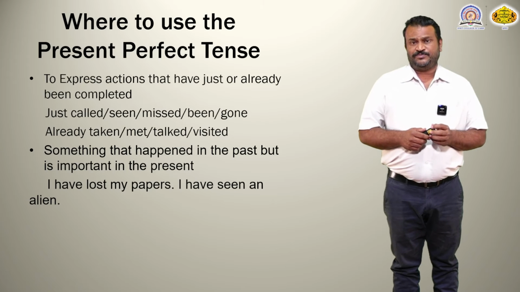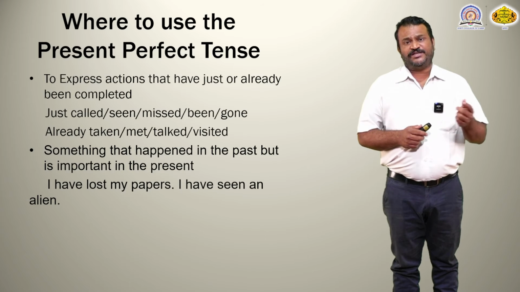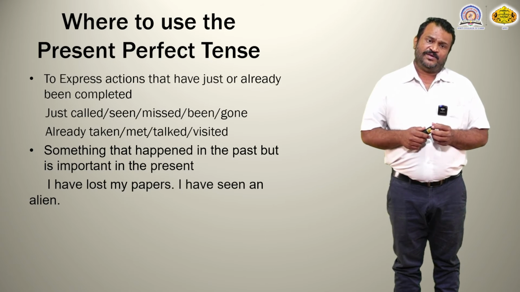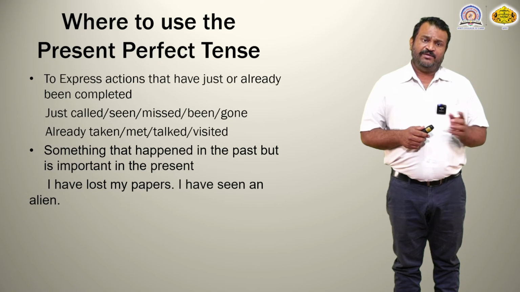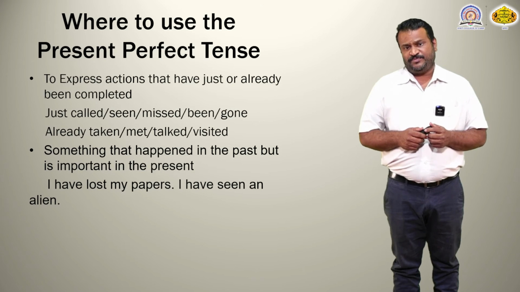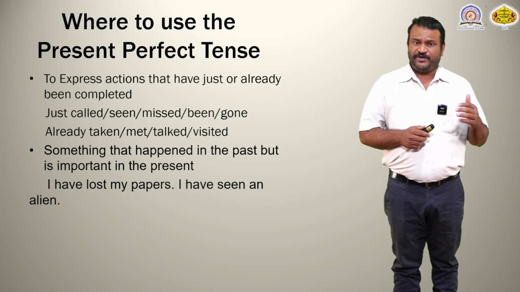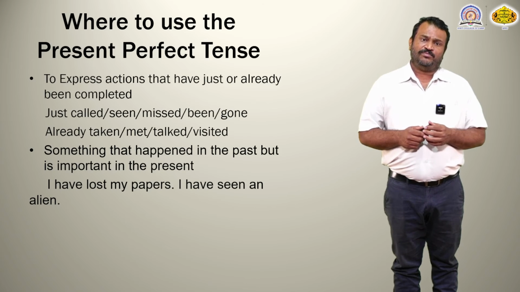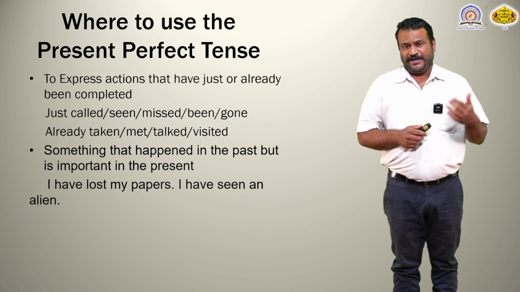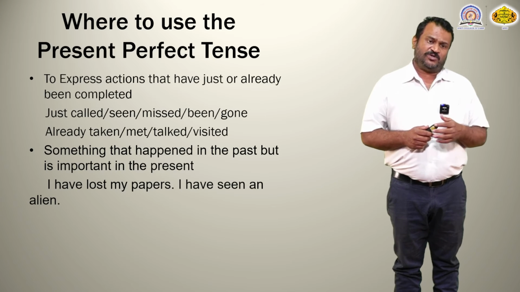So we use, I have just seen him at the canteen. Means the action happened. You saw your friend before, but you are telling someone at the time of speaking, the person does not know.